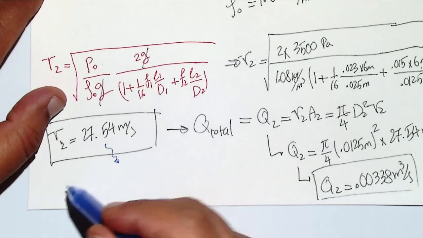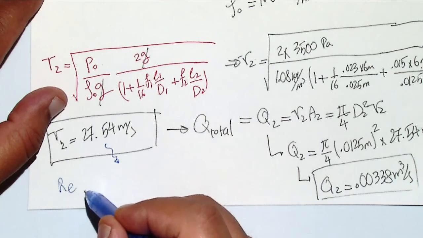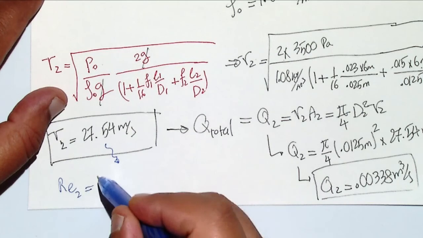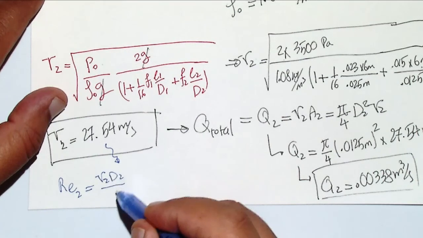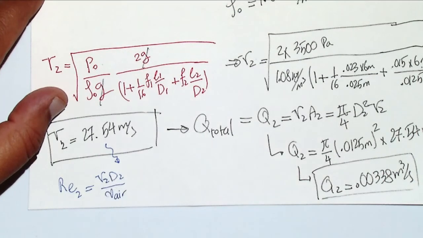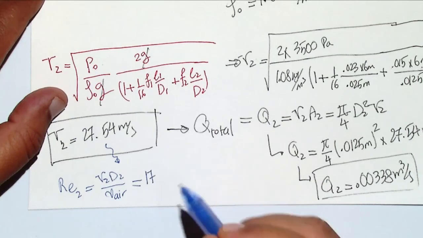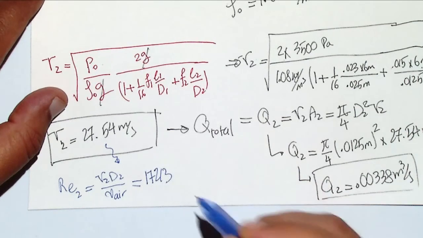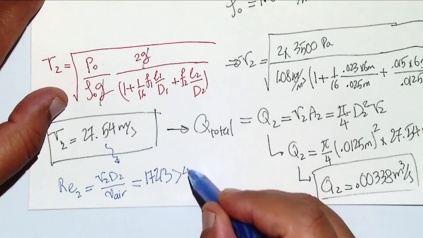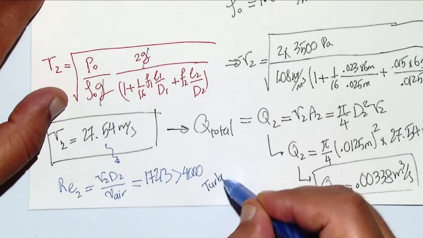I will calculate the Reynolds number, which is V2 D2 over nu of the air. If you apply this, then 17,230 would be your Reynolds number. That is more than critical, which is 4,000, and the flow is fully turbulent.